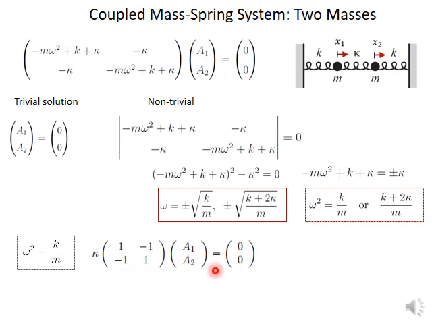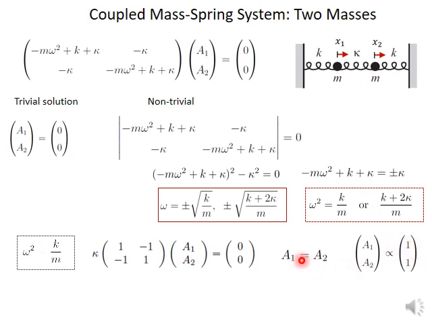You get a1 minus a2 equals 0, which gives a1 equals a2. This in turn means that a1 and a2, which can be any complex numbers, are directly proportional to 1 1 because both have similar values.